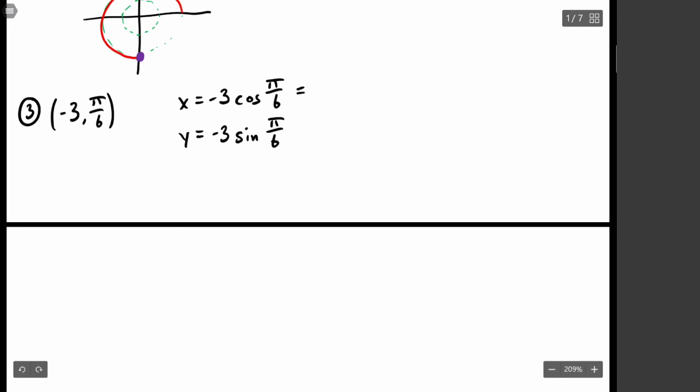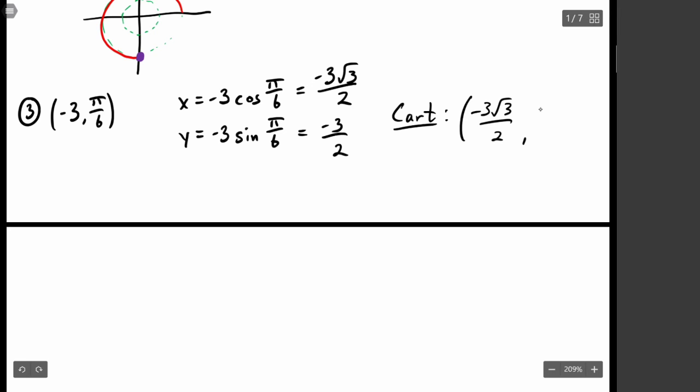Cosine of pi over 6 is root 3 over 2, so x is -3 root 3 over 2. Sine of pi over 6 is a half, so y is -3 over 2. So in Cartesian coordinates, we have -3 root 3 over 2, -3 over 2.